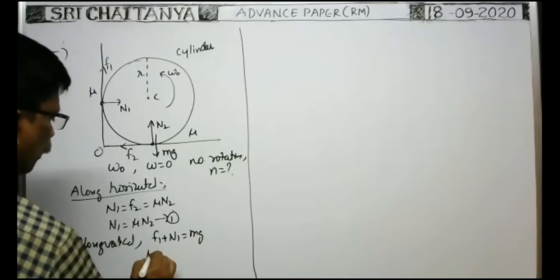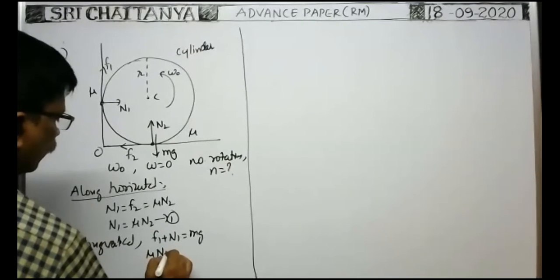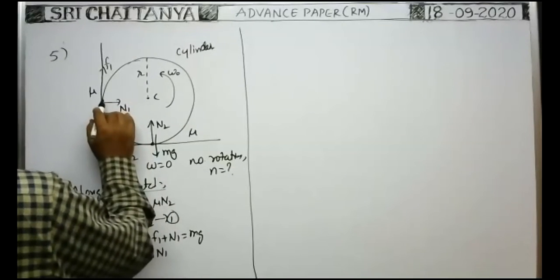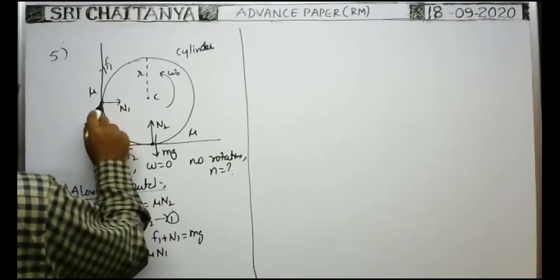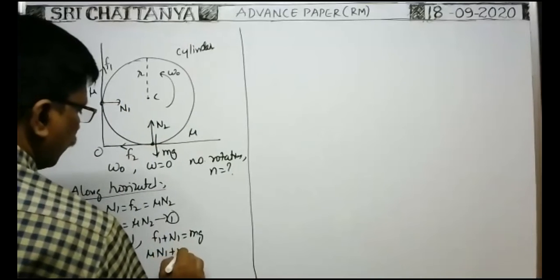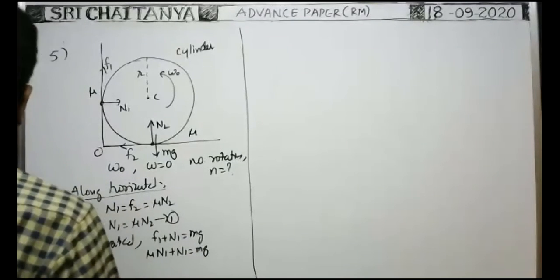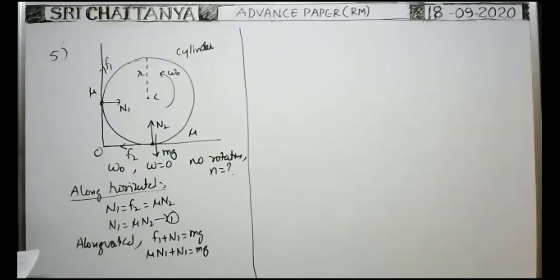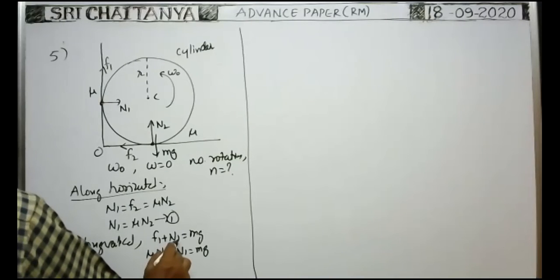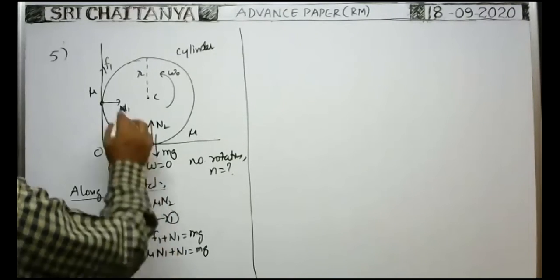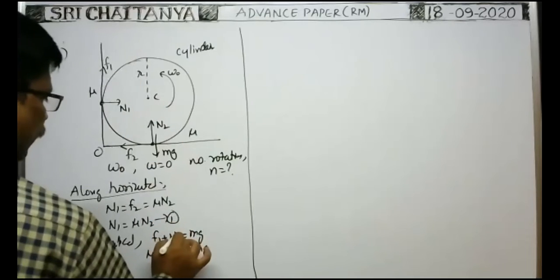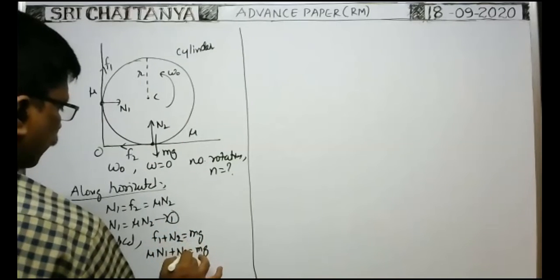F1 means mu into normal reaction N1. So mu into N1 plus N2 is equal to mg. Yes, N2, not N1.